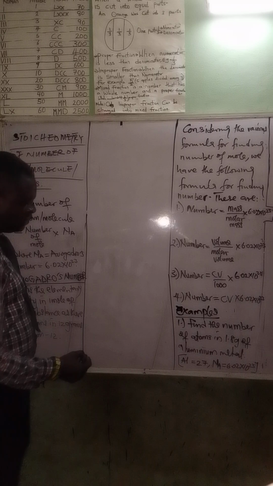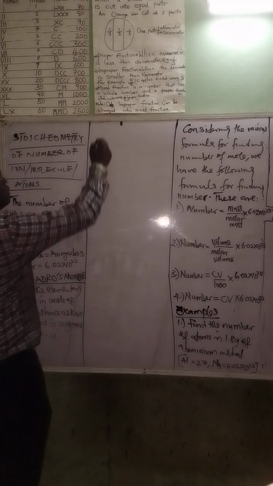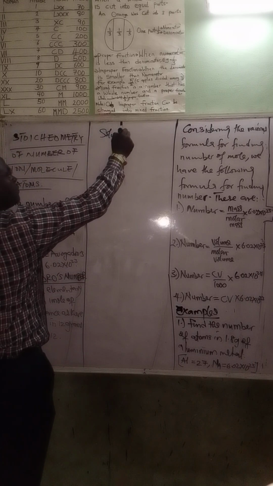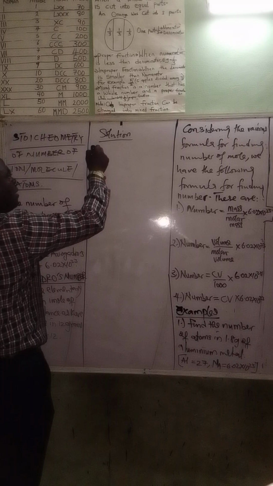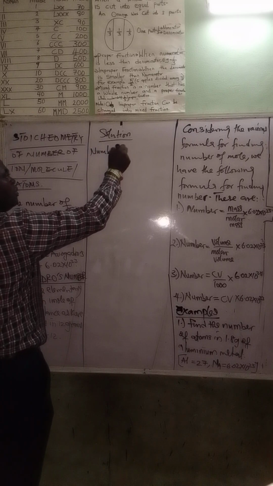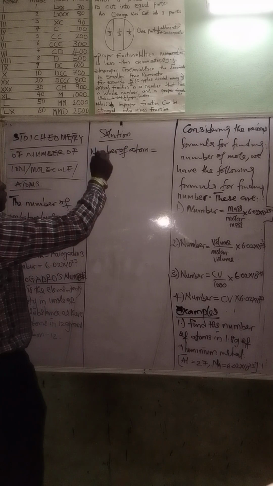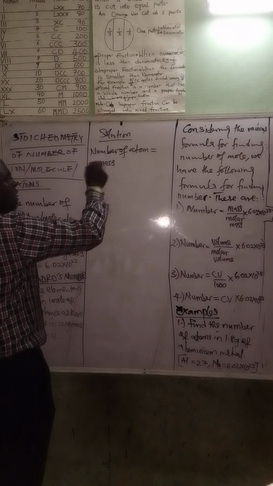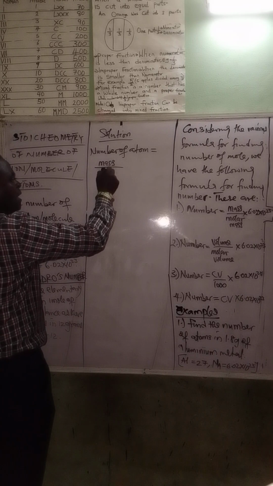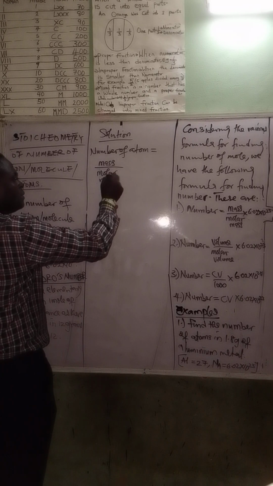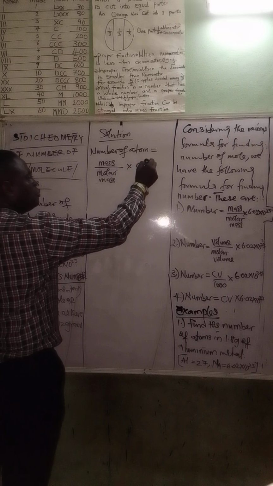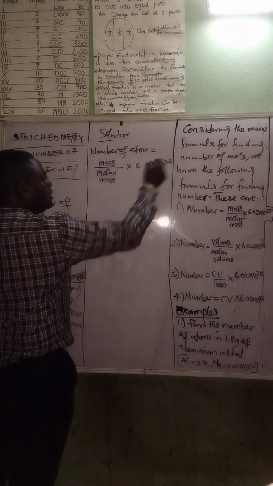Solution to this problem: our number of atoms will be equal to mass of aluminium over molar mass times 6.02 times 10 to the power 23.